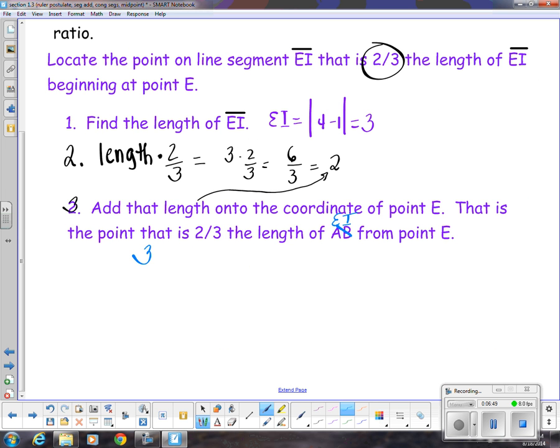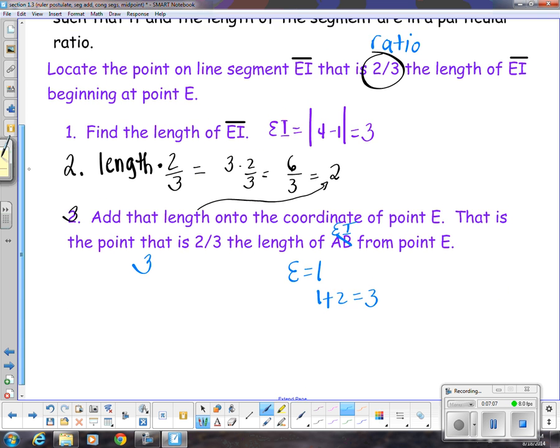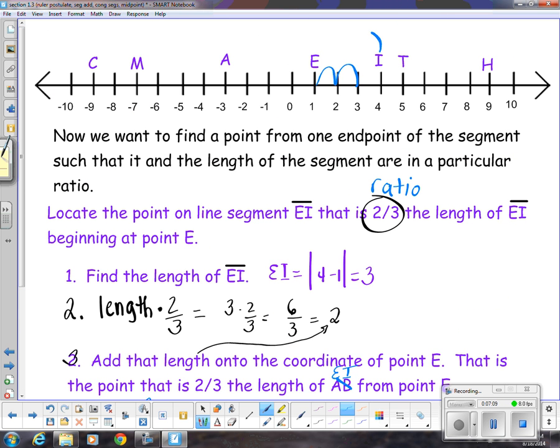Let's do it with arithmetic. E is 1, so I take 1, I go 2 more units, I will be at 3. So that is how I find that. I find the length, multiply by the ratio, and then if they had said from point I, I would have started there, gone back 2 units, and been at 2.